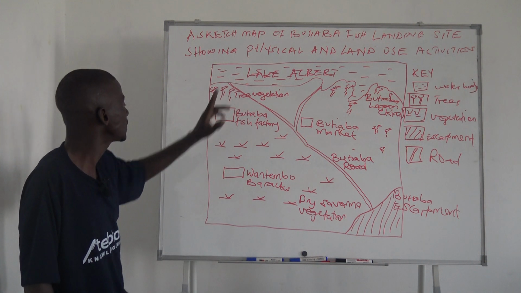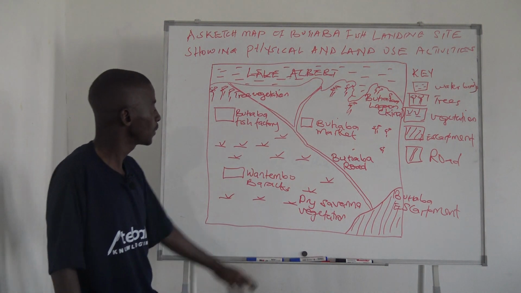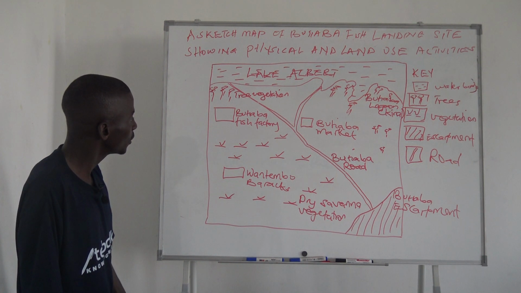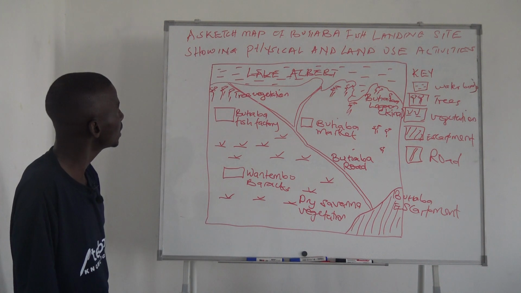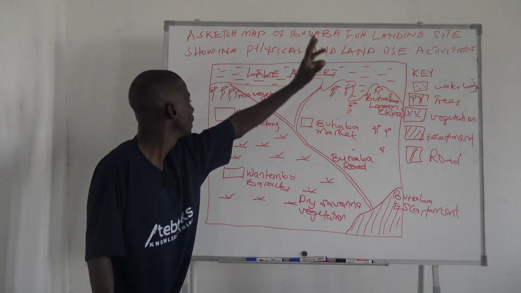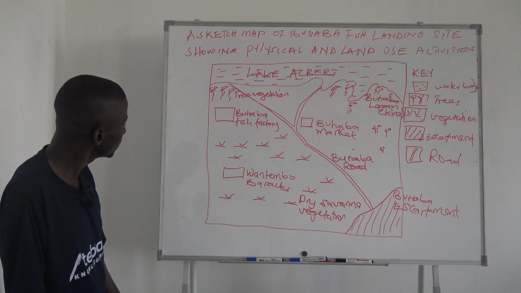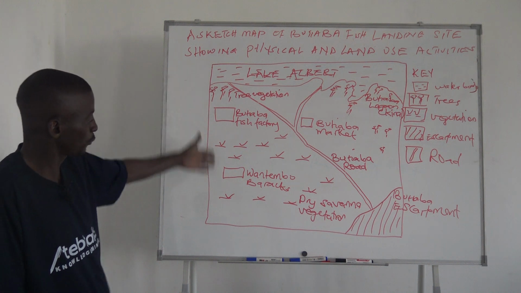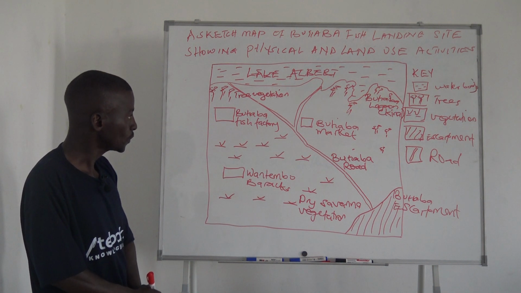Fish factory is a land use activity. The Butiaba market is a land use activity. Butiaba road is a land use activity. Actually, you can also include the extent of the landing site around there. We can include what else? There is a school, there is other things, but for now, that becomes our sketch map.